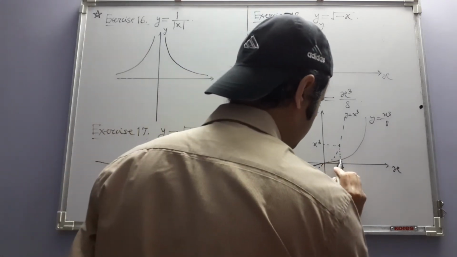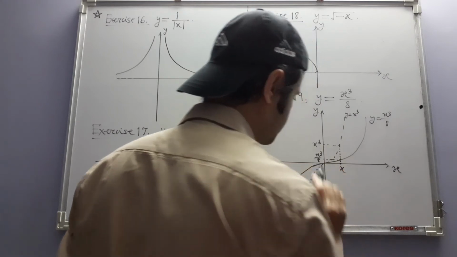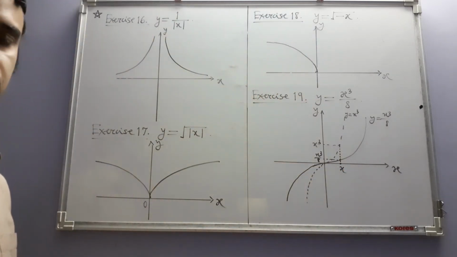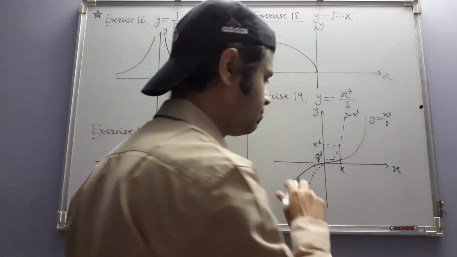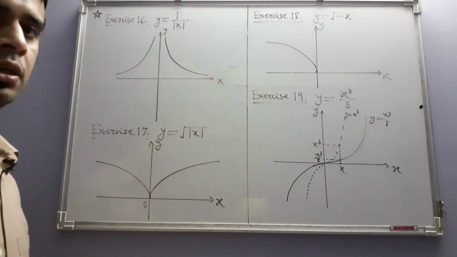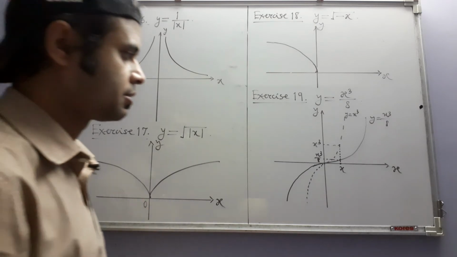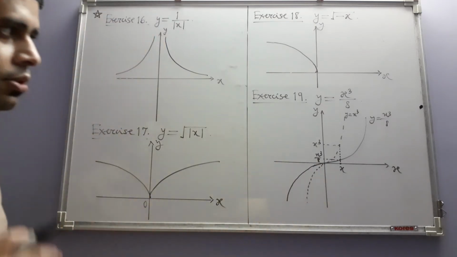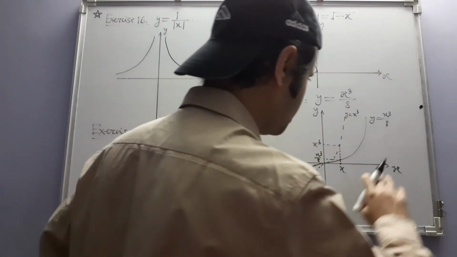So now this is your x cube by 8. Okay, and this of course will happen if x is greater than 1. If x is less than 1, then the role gets reversed. I mean, you can figure out what is going on here. The original graph was like this. This is a bit wider.